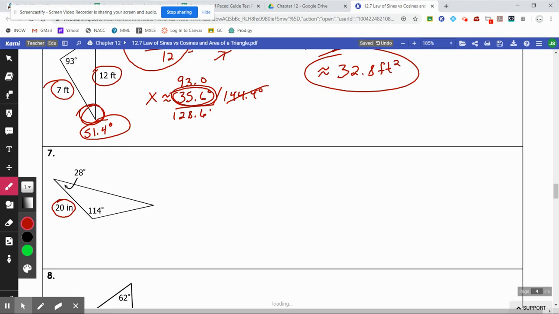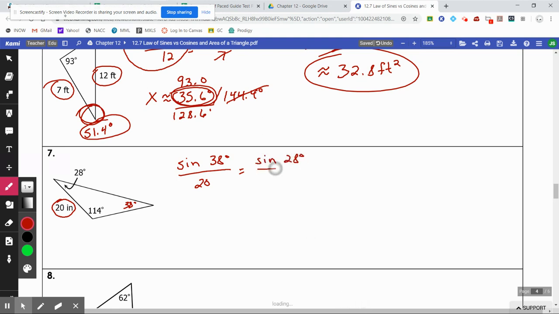So let's see if we can use law of sines here, and we should be able to, because I have 20 here, and I do know the measure of this angle. 28 and 114 is 142, which leaves me with a 38-degree angle. So I can say that the sine of 38 over 20 is equal to, and again, it doesn't matter where you go from here, we can do the sine of 28.